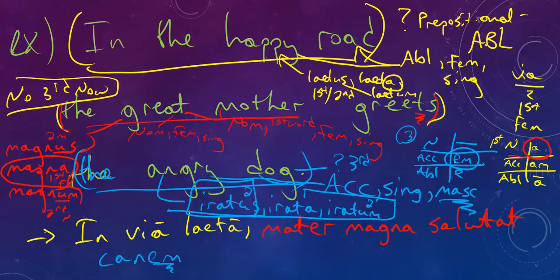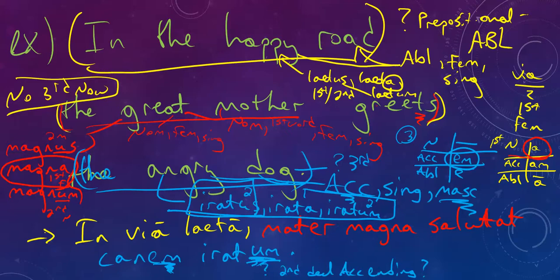But I also need it to be accusative. So what is the second declension accusative ending? It's a UM. Notice how both words are accusative, both are masculine, and both are singular.